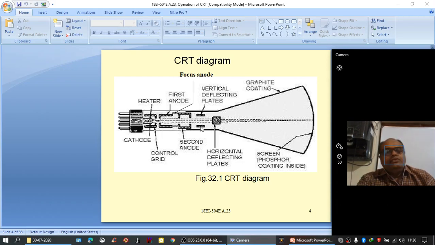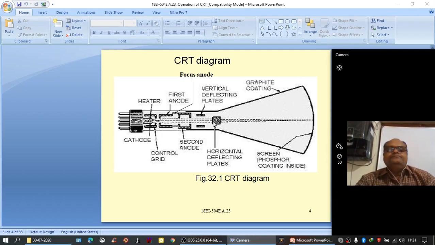And during the fourth quarter of the cycle, the electron beam once again moves away from the lower plate and settles down at the center. That is how the electron beam moves up and down, back to center, in one cycle.